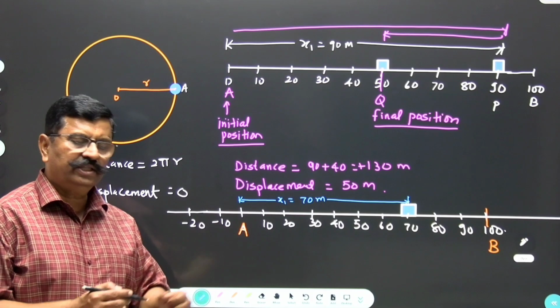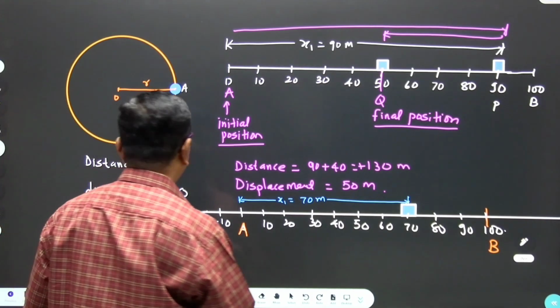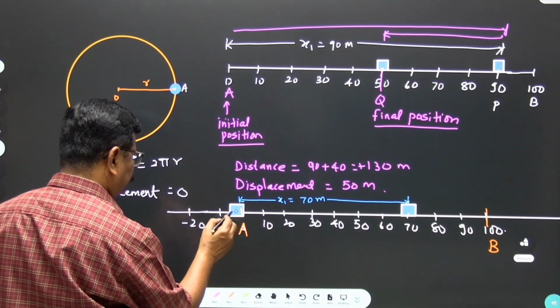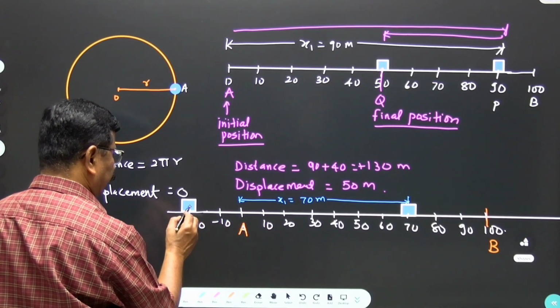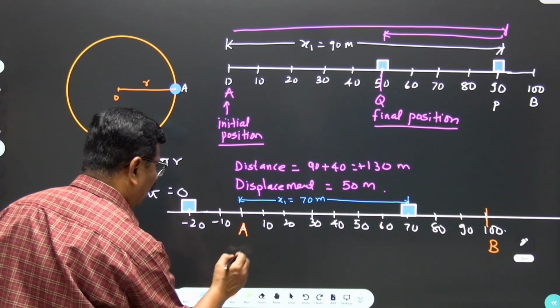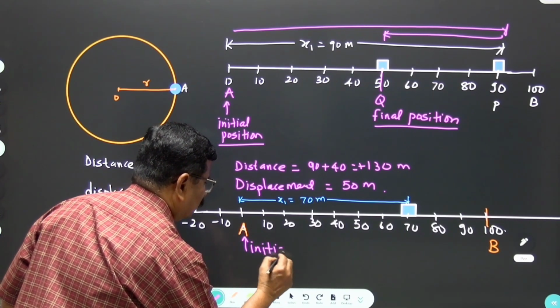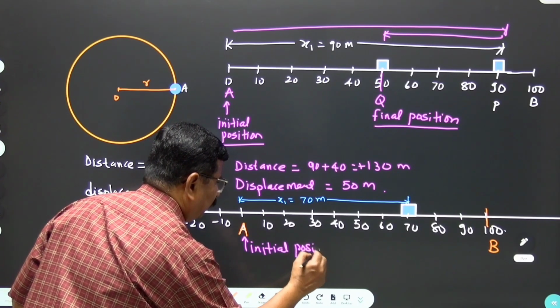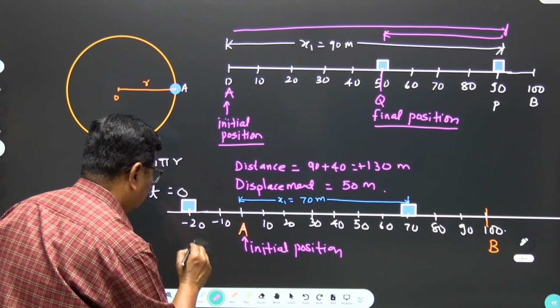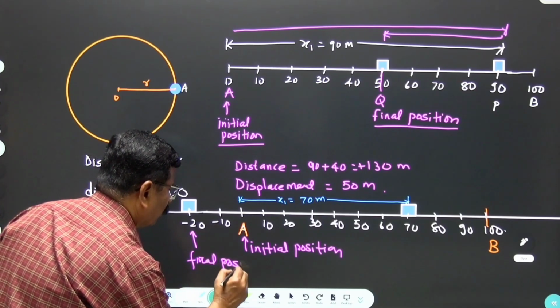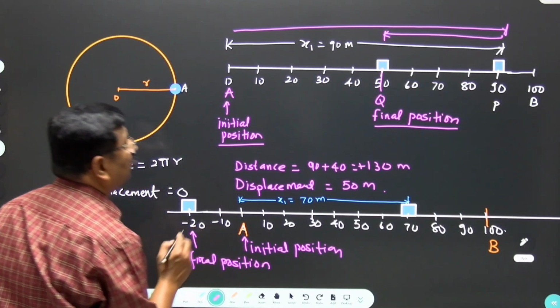But this body changes its direction and covers 90-meter distance to the left side. So 70 here and then 20 more distance, 90. So now this is the initial position of the body, while this is the final position of the body.